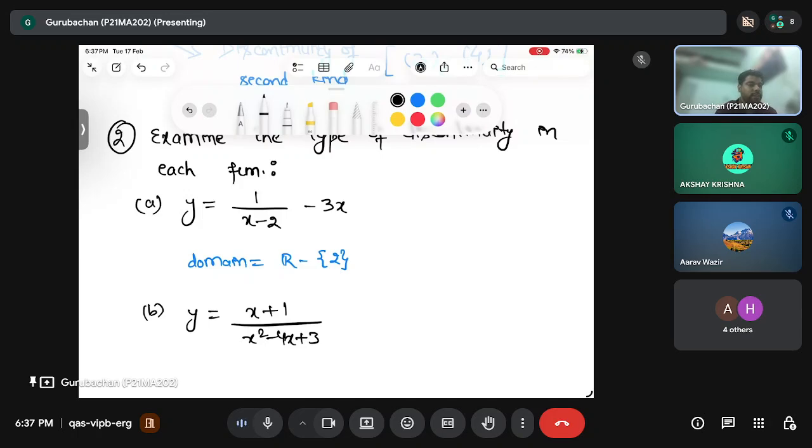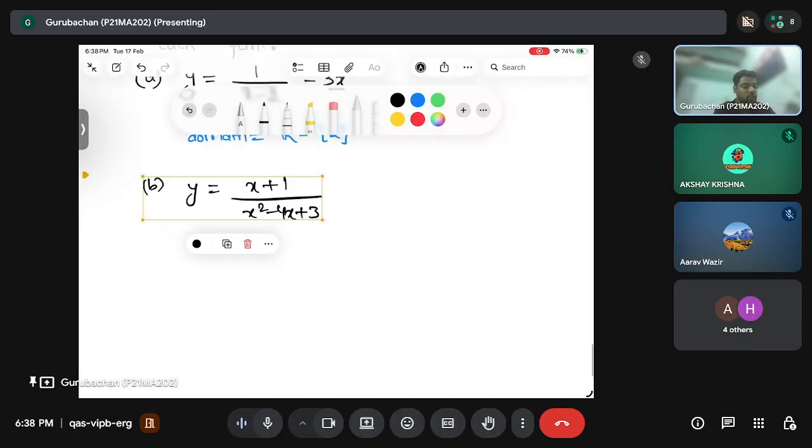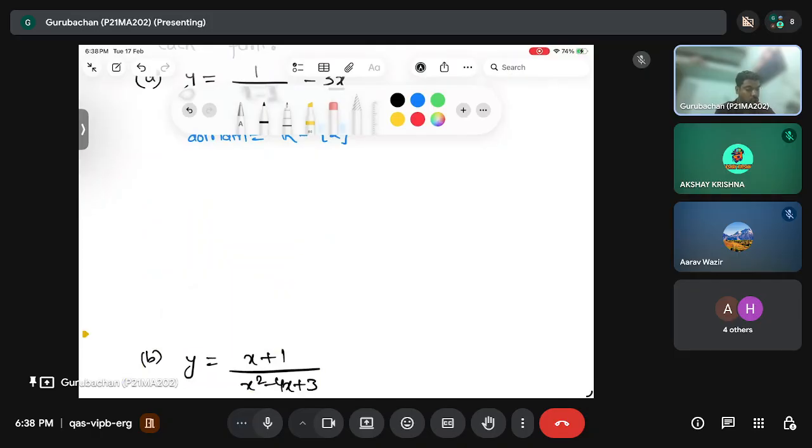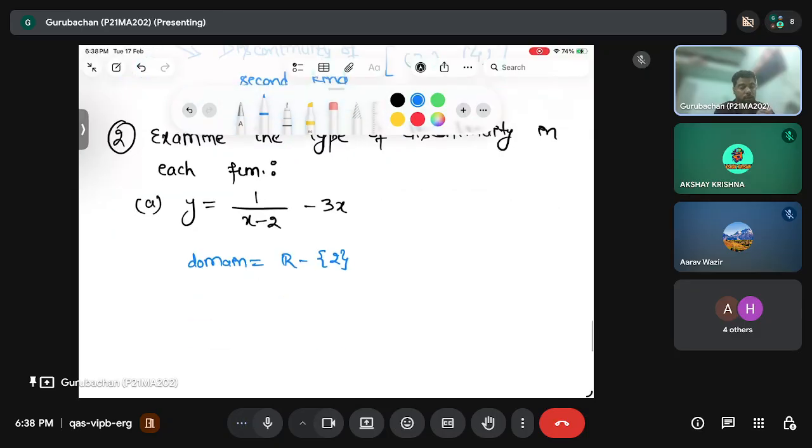So it's obvious we don't need to discuss its continuity. But to tell the type of discontinuity, we must think about what type of discontinuity this function can have. So for that, you need to calculate the limit as x tends to 2.